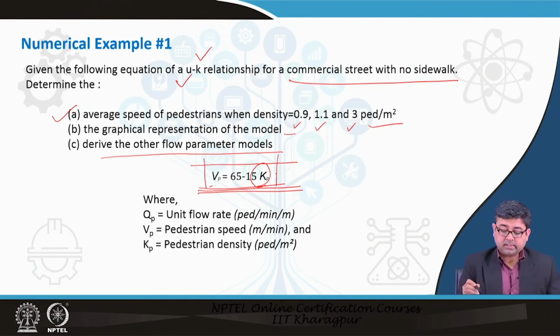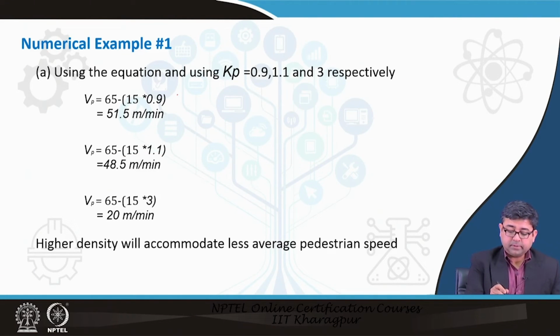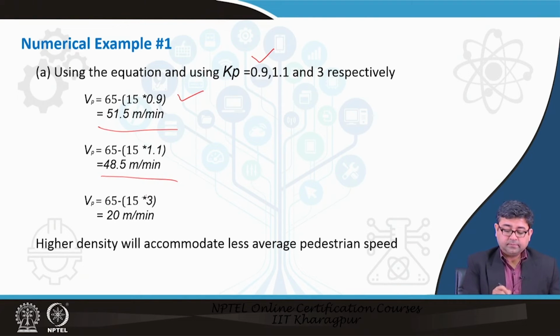So, the first question is the speed of pedestrians at different densities. It is very simple: you have the equation, you put in the Kp values, and it will give you the speed values. However, the interesting thing to notice, like you already know from the curve shown earlier, is that as density increases from 0.9 to 1.1 to 3, the speed decreases.